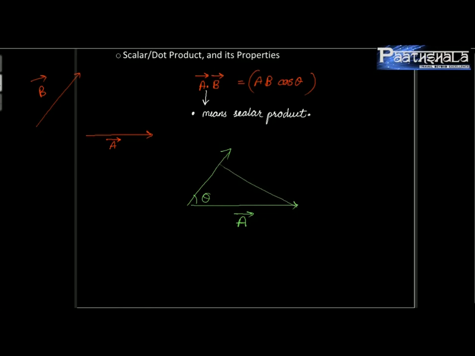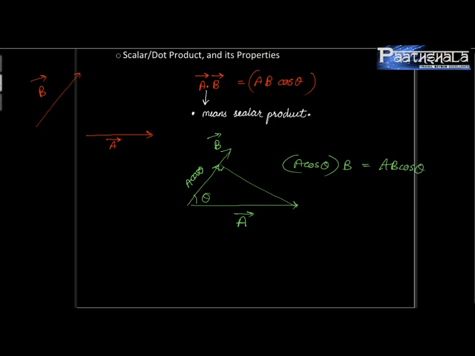We drop a perpendicular from the head of A onto the vector B. So this component of A, as we have learned, is nothing but A cos theta, and this is the vector B. So we multiply the two together to get A cos theta times B is equal to AB cos theta.